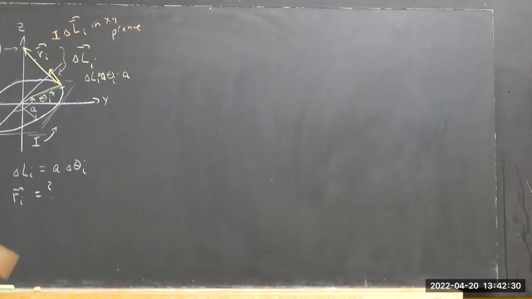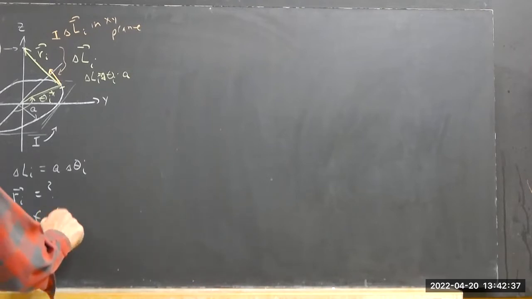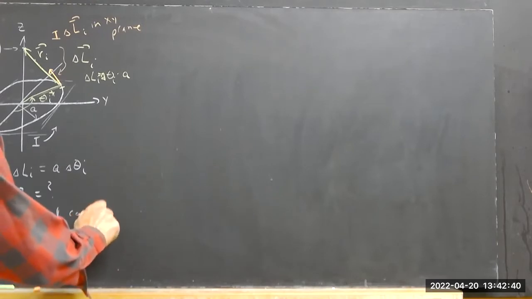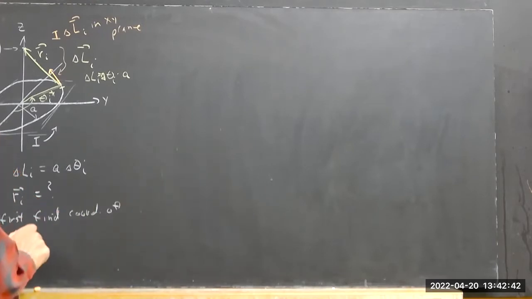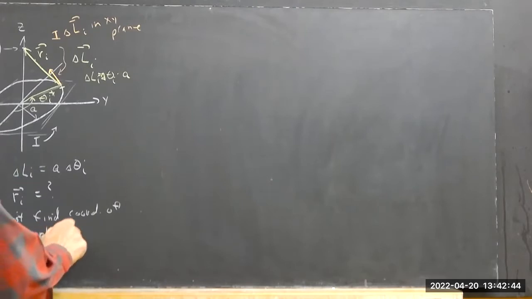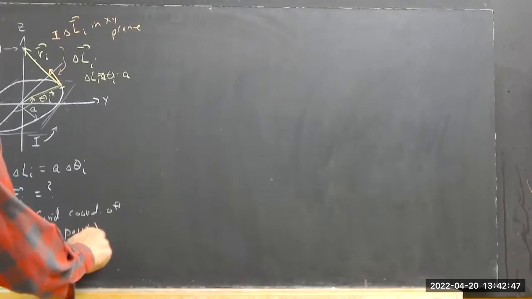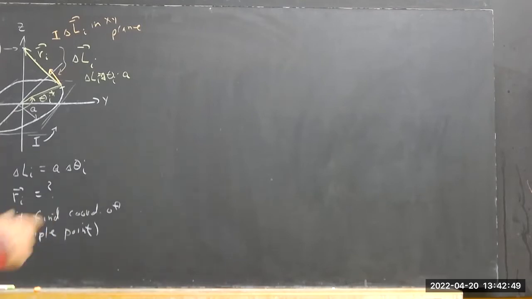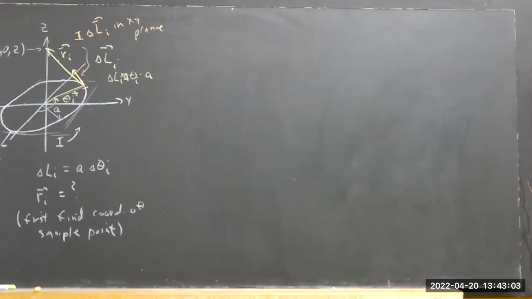So to get this, I said we first want to find the rectangular coordinates of our sample point, because our cross product is easiest to calculate in rectangular coordinates.